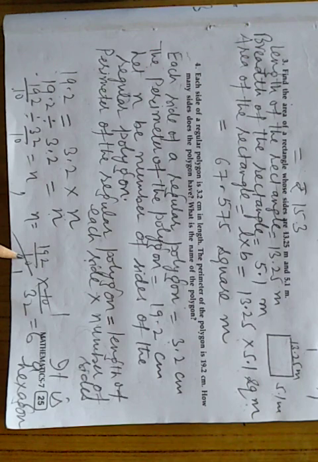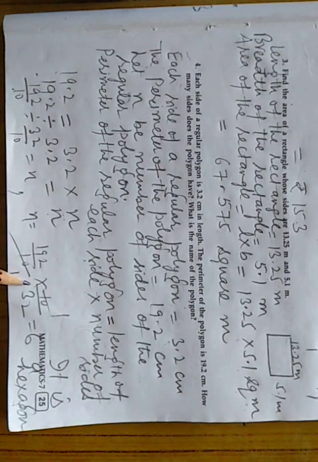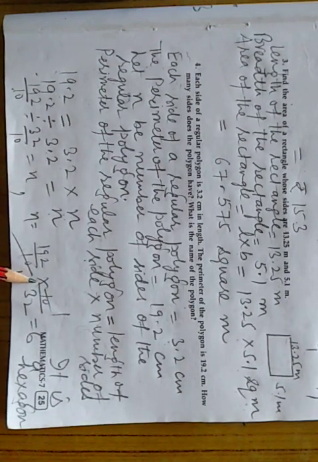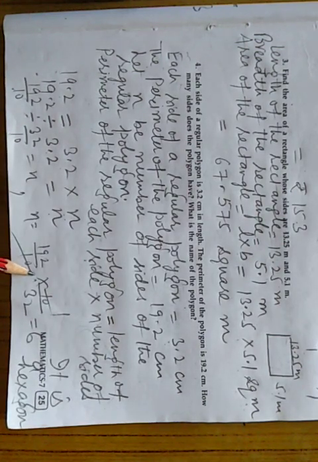If the division sign is here, first of all you write the first fraction as it is. n is equal to 192 upon 10, and the division sign is converted into multiplication. We have taken the reciprocal of the second fraction, 32 upon 10.